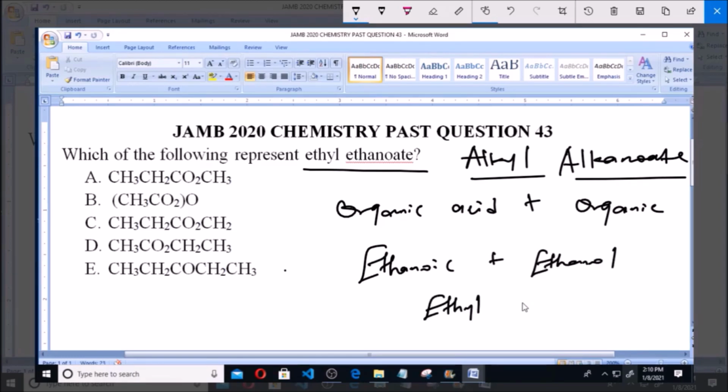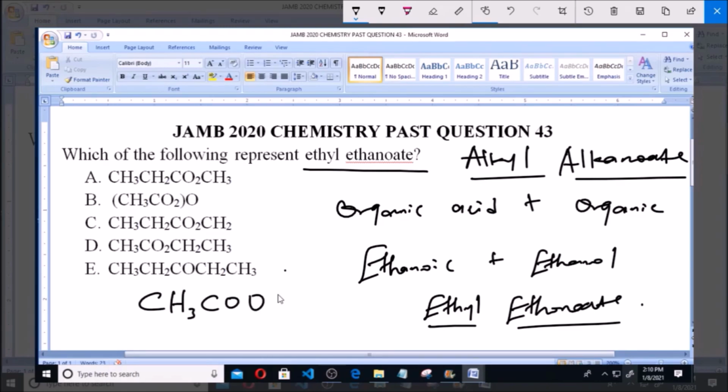Now the question is asking us for the molecular formula of ethyl ethanoate. Ethyl ethanoate is represented as CH3COOC2H5.